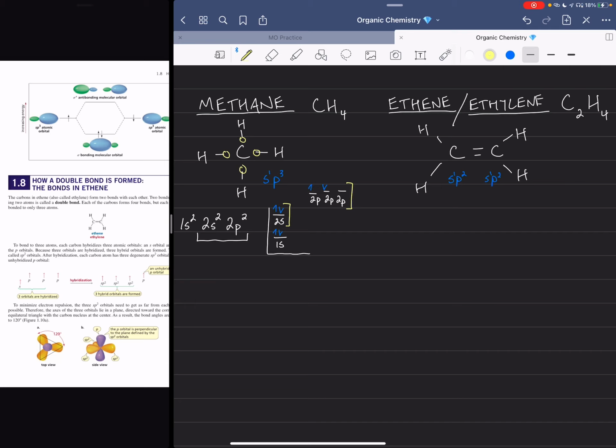So what we need to do is bring one of the electrons from the 2s, and we want to promote it, and we want to put it to a higher energy level here. Here. Okay.